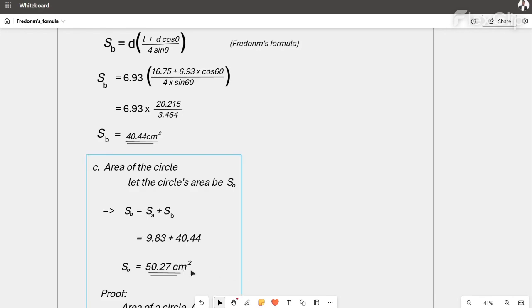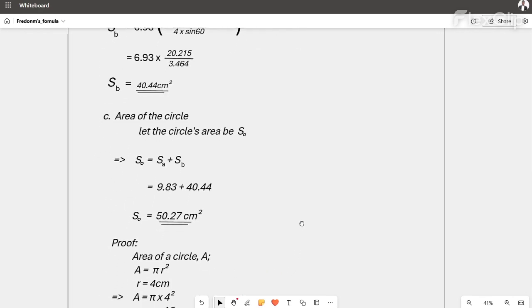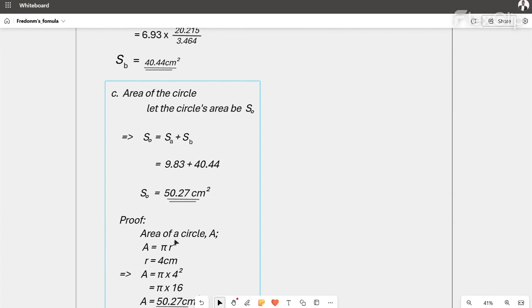What we're going to do now is solve for the area of the circle directly. The area of a circle, A, is equal to pi r square. This is the formula for calculating the area of a circle.